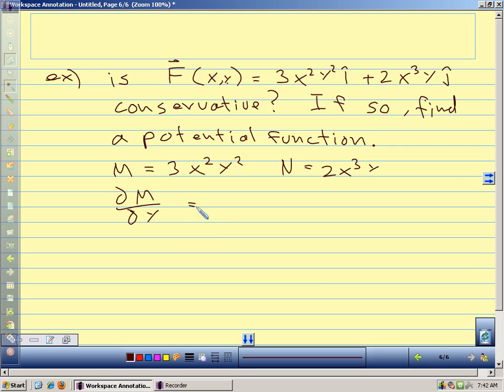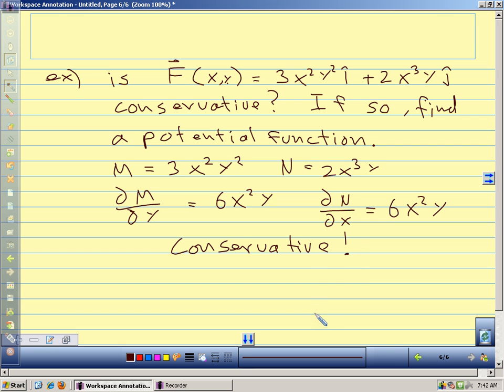The partial of M with respect to y is 6x squared y. The partial of N with respect to x is 6x squared y. So yes, the field is conservative. Now we want to find a potential function.